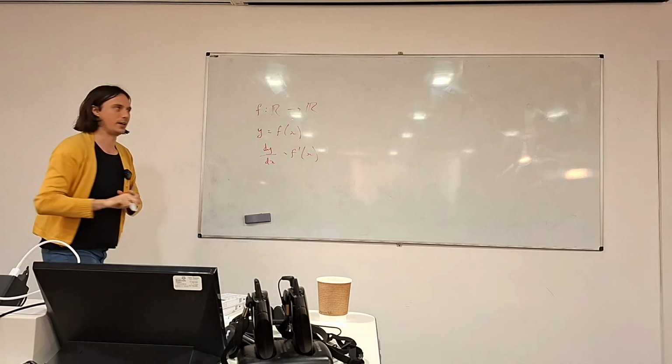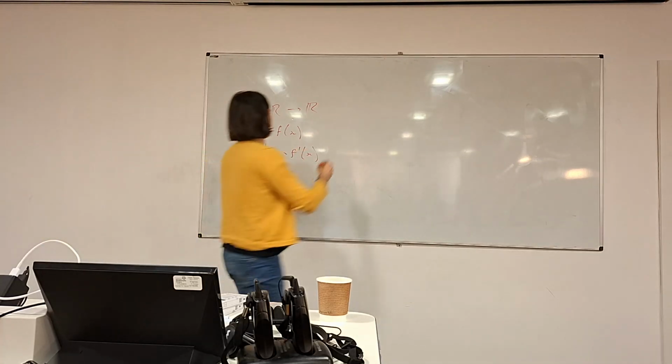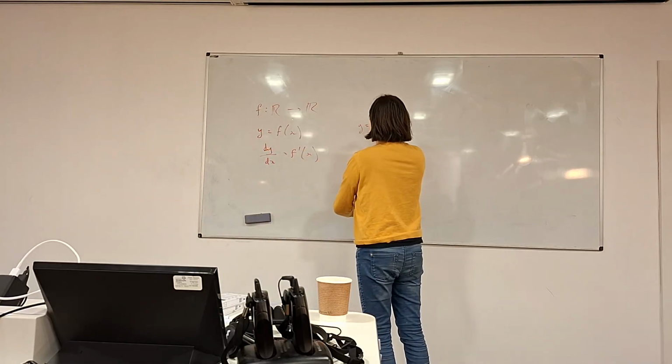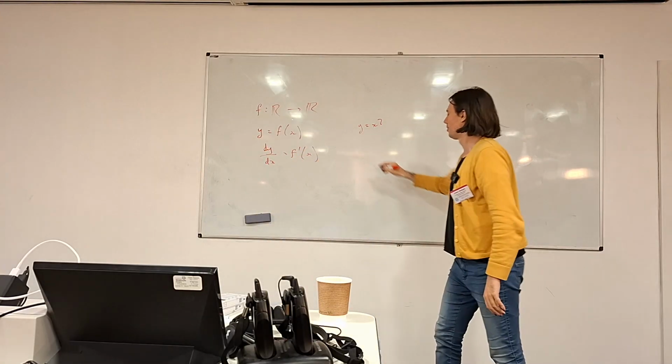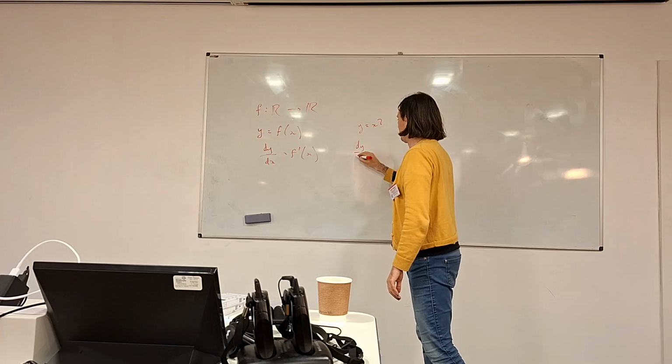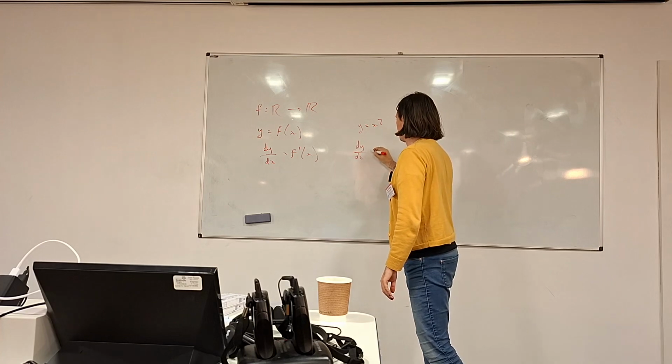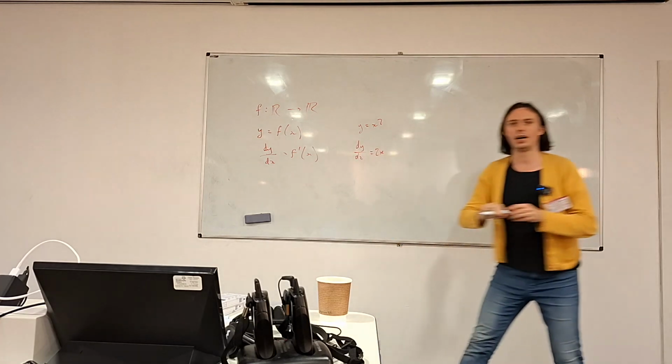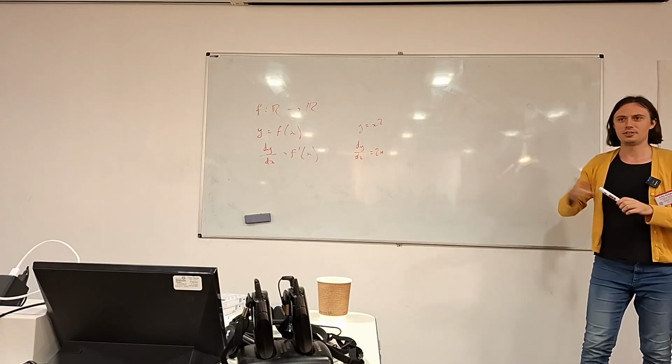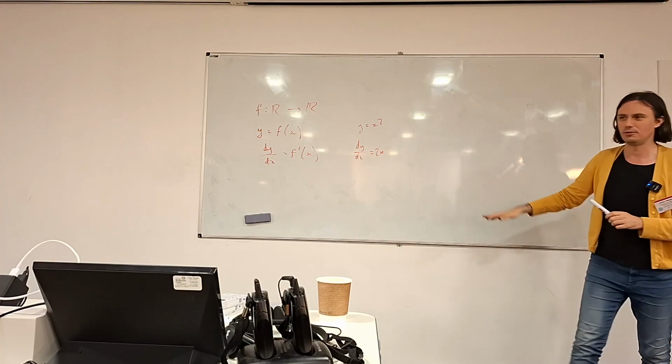I can give a concrete example of this. Let's say y equals x squared. So now here I can say dy/dx equals 2x. But now let's do the thing that your analysis 1 teacher taught you not to do.